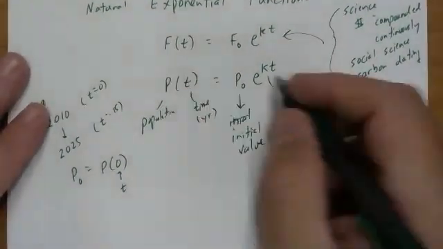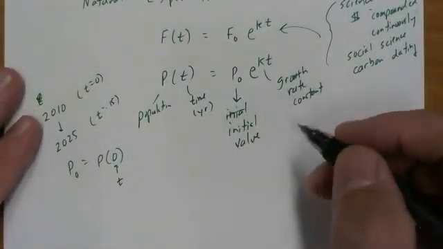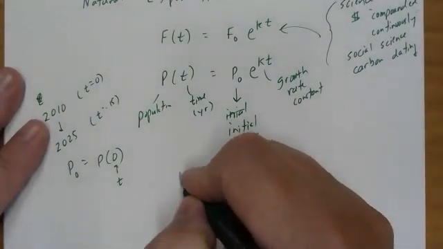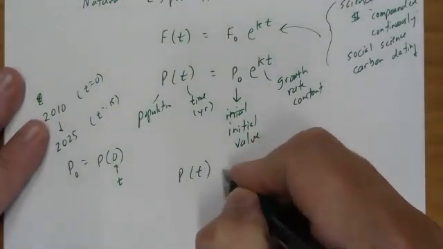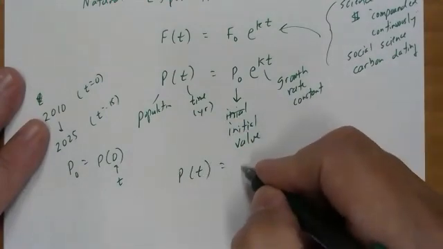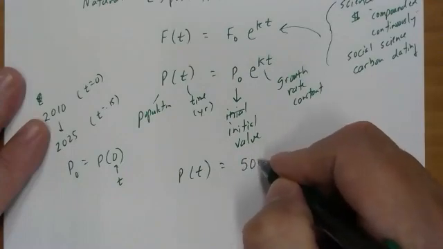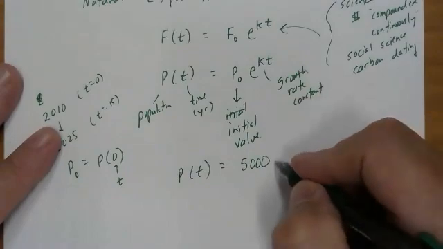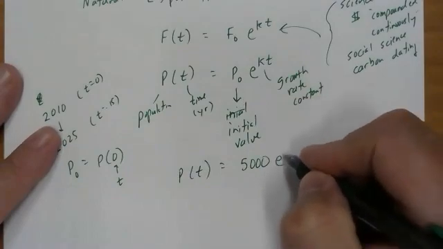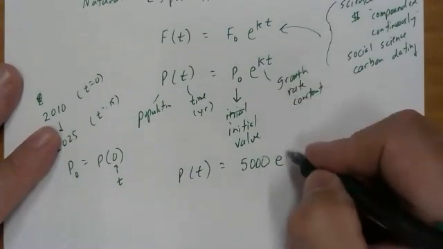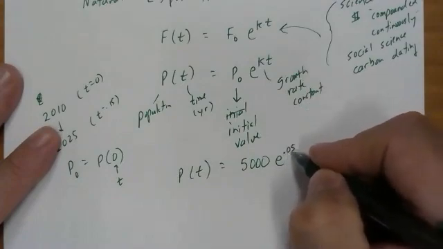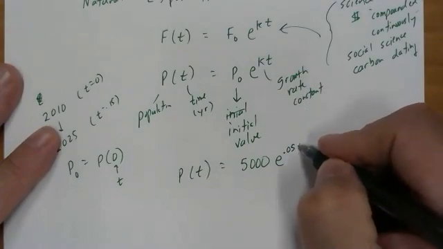So for instance, this will be totally sort of meaningless, but just to give an example, maybe it's some small town. So here's an equation for the population, and I'm going to say the K is 0.05.